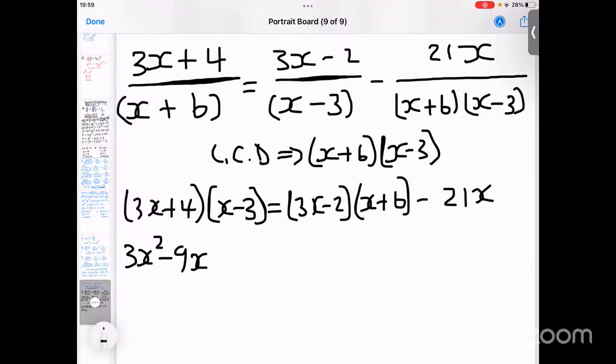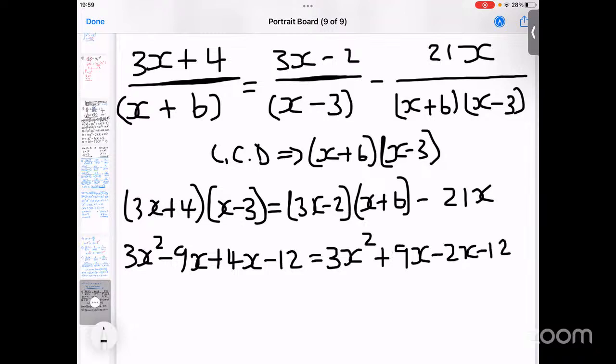That by that gives us 4x minus 12, which is that by that gives us 3x squared. That by that gives us 9x. That by that, and then that gives us 12 minus 21x.